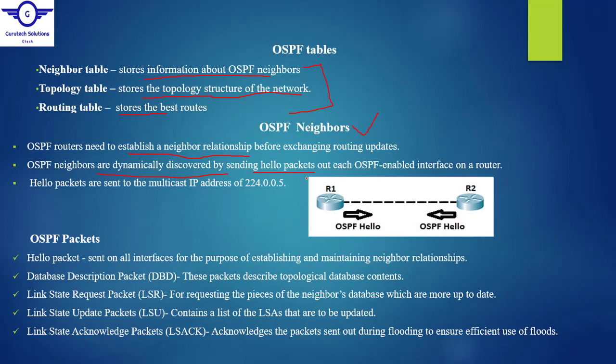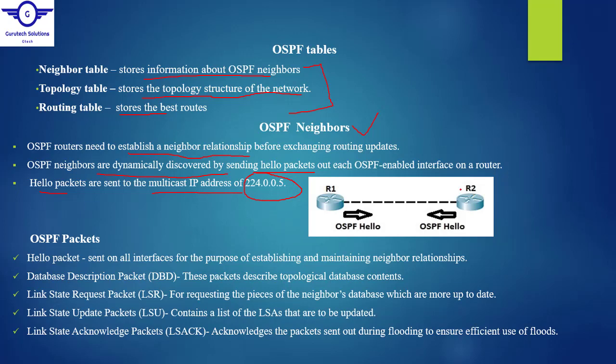These hello packets are sent to the multicast address 224.0.0.5. This address is basically used to discover OSPF neighbors. Pretty much simple. In the case of this diagram, there are two routers.